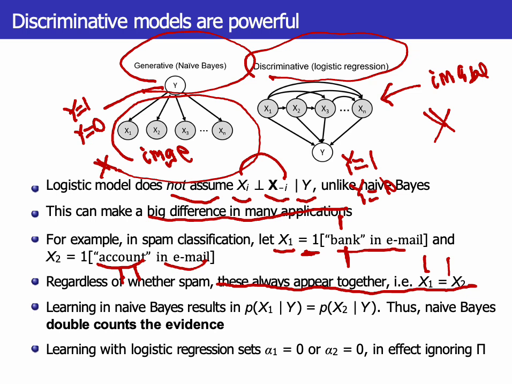Learning with logistic regression sets alpha 1 equals 0 and alpha 2 equals 0, ignoring the other multiplication of the probabilities, so the detailed other conditions are all neglected.